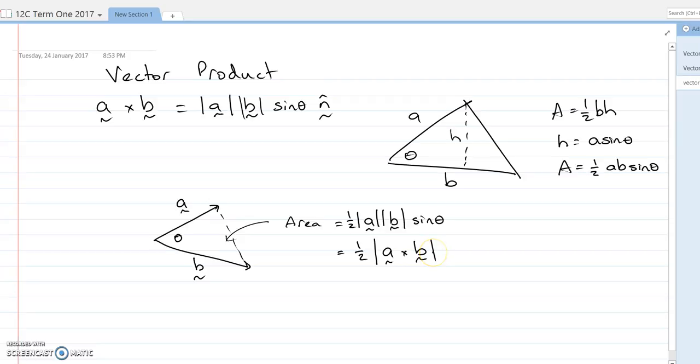We don't make it a vector, so we don't need that part. Okay, so that's just the magnitude.